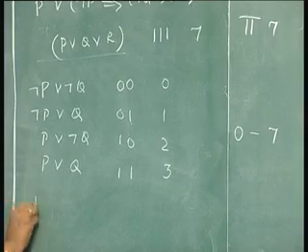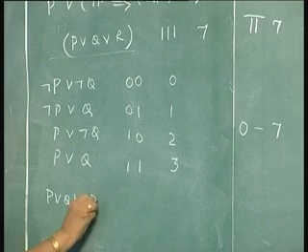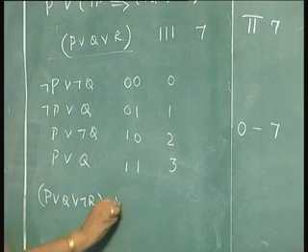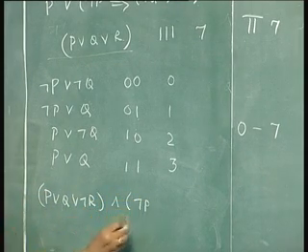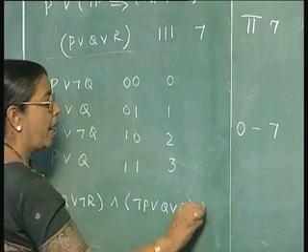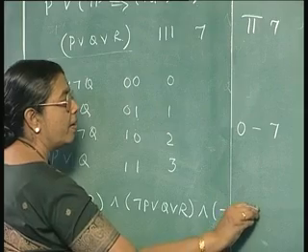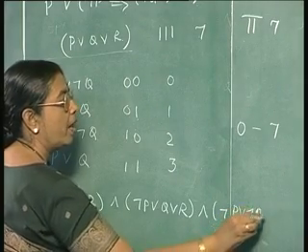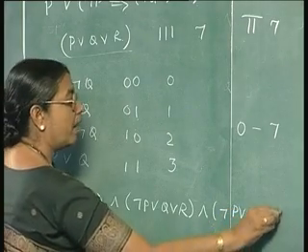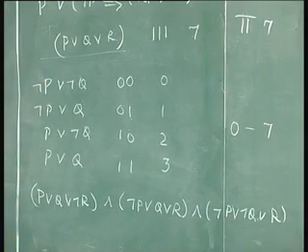Suppose I have P or Q or not R with 3 variables and not P or Q or R and not P or not R, not Q or R. Suppose a formula consists of these three max terms.